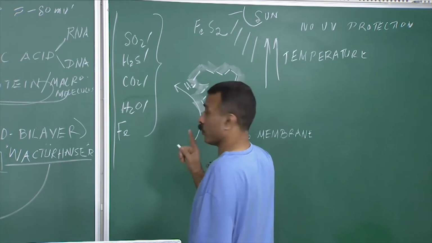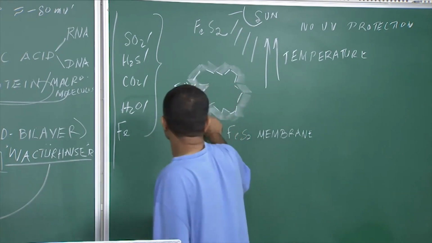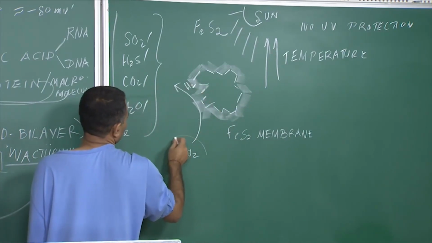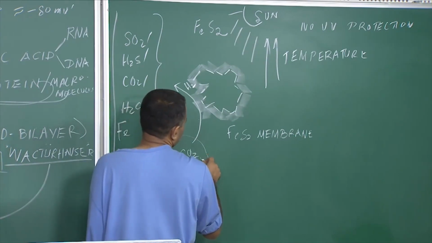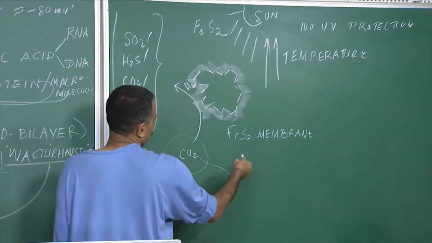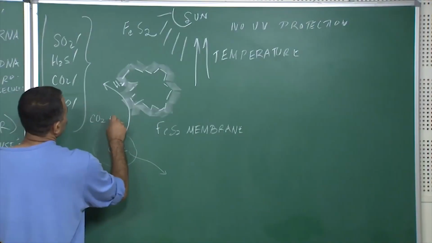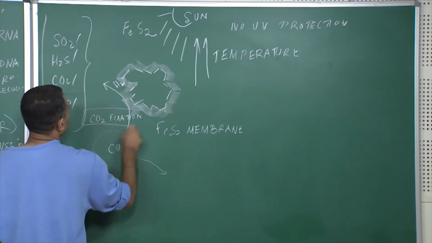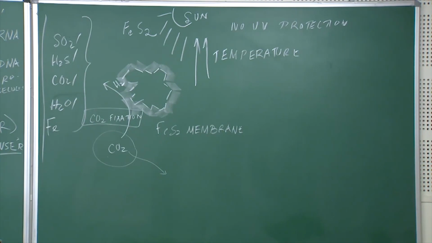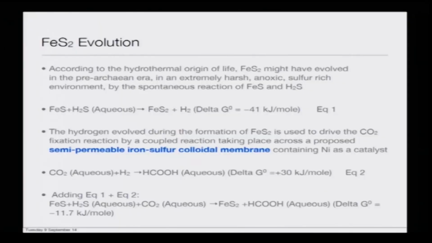Then, it is really not known how it has happened, if at all it has happened. CO2 and H2, this is how CO2 started getting fixed. Exactly what you have seen in photosynthesis, where CO2 is getting fixed, the same thing was possibly happening here, where the CO2 fixation reaction was taking place on top of the iron pyrite membrane.